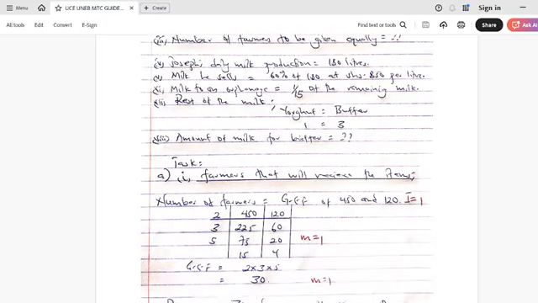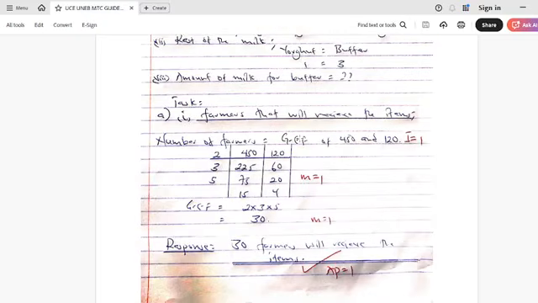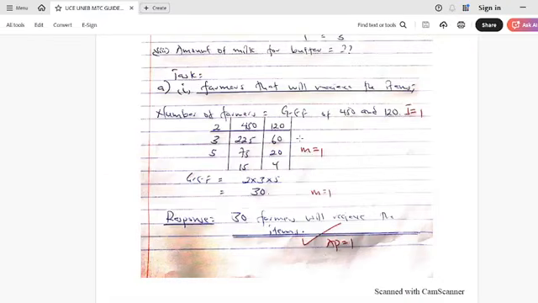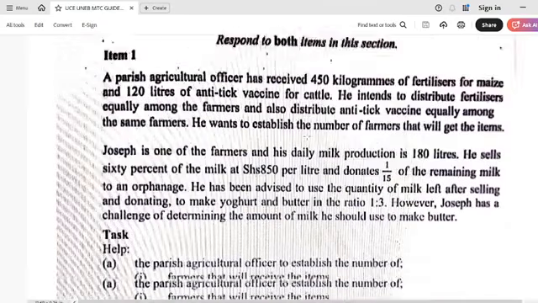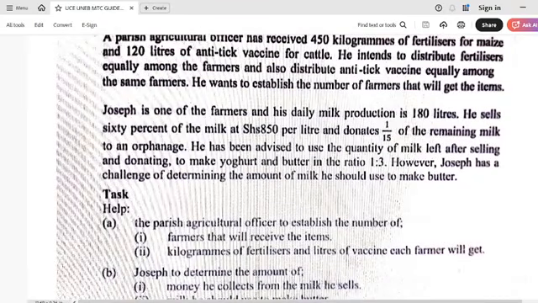Okay, after that, then you go directly to the task. What do you have as a first task? What's the question saying? Part A, Roman 1 says, help the parish agriculture officer to establish the number of farmers that will receive the items. Number of farmers that will receive the items.